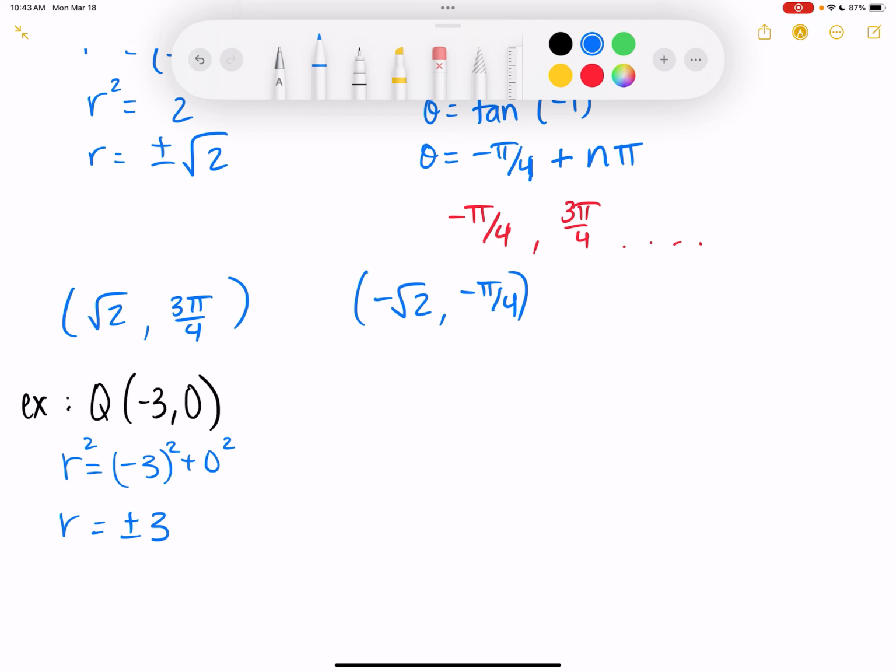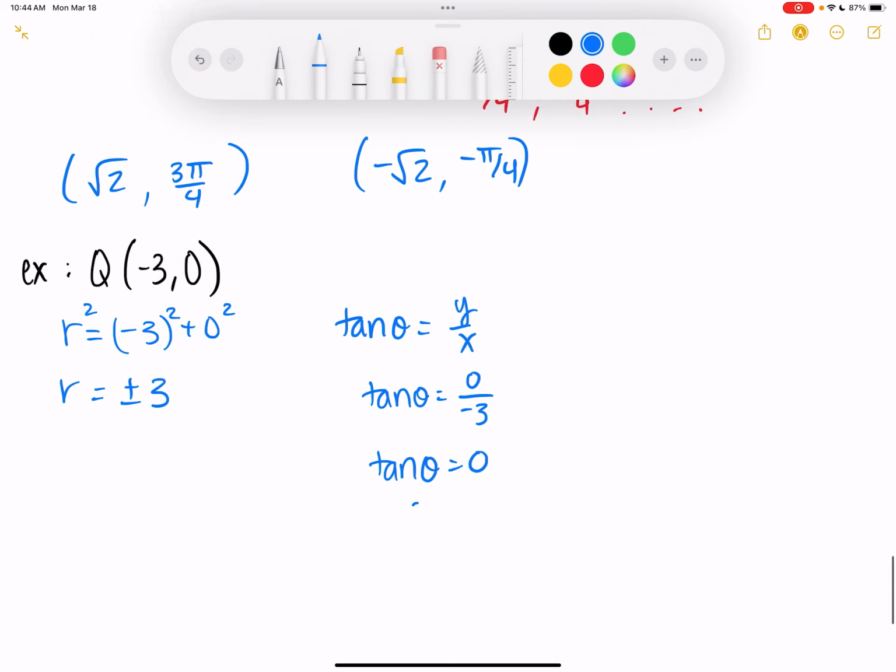So then tangent of theta equals y over x. So that's going to be 0 over negative 3. So where is tangent of theta 0? At 0. And again, we can add in pi because it's also 0 at pi.